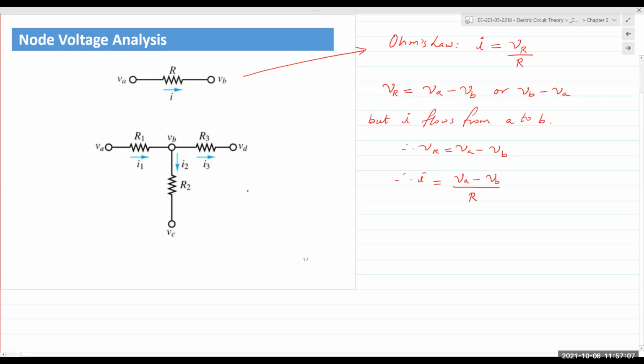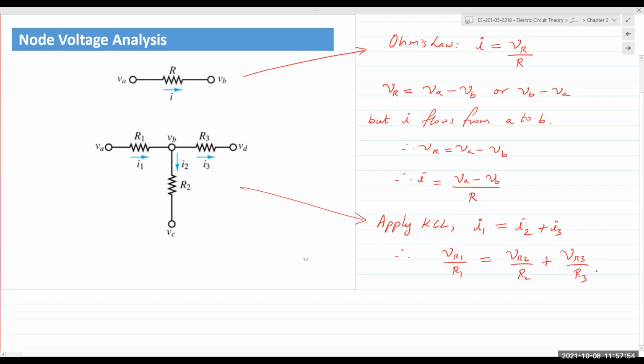So then if you take a look at this circuit, we apply KCL at node B. I have I1 entering the junction. I have I2 and I3 leaving the junction. Then I express each current in terms of Ohm's law. So each current by applying Ohm's law gives me VR1 divided by R1 is equal to VR2 divided by R2 plus VR3 divided by R3.